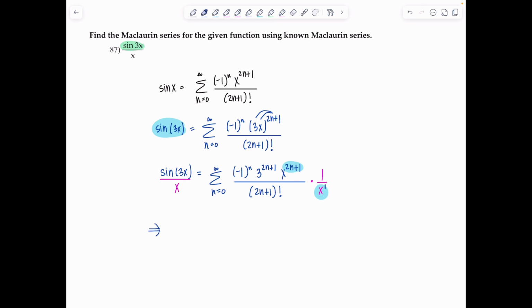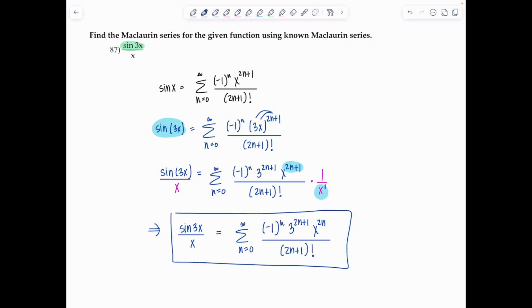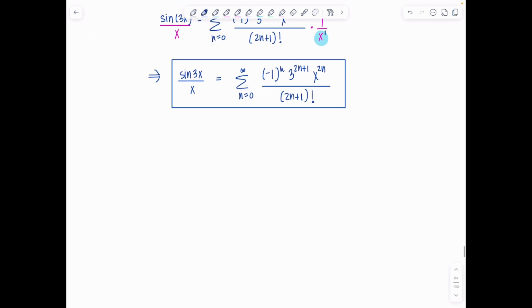So then we have sine of 3x over x equals the sum, n equals 0 to infinity, negative 1 to the n, 3 to the 2n plus 1, x to the 2n over 2n plus 1 factorial. And we're done. How was that? Fun, right? I like these ones because they're not too stressful. They're not stressful at all.